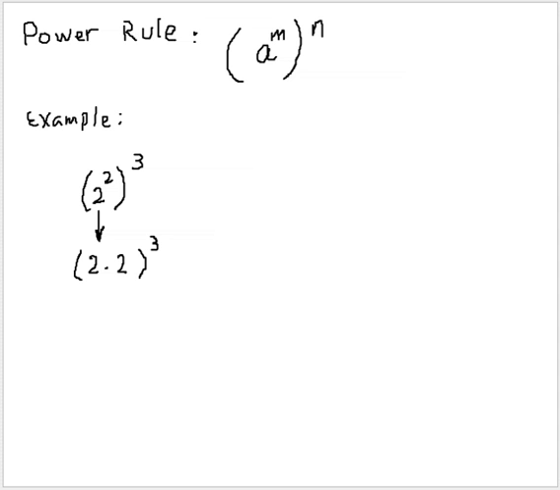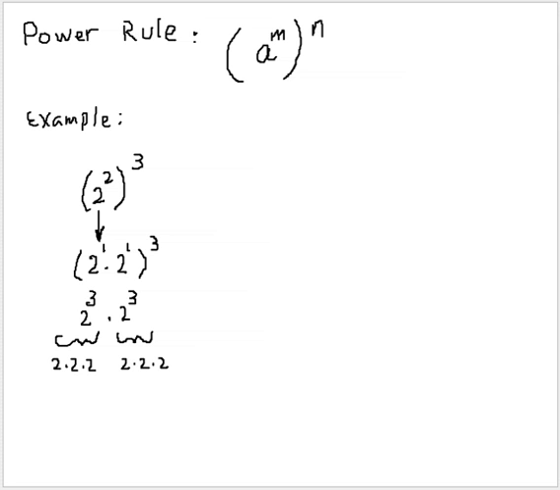So in this case, the exponents here would be 1. So each of these should be raised to the power of 3. So we have 2 to the power of 3, 2 to the power of 3. So in this case, I would have 3 2's, 1, 2, 3. And over here, I would have also 3 2's.